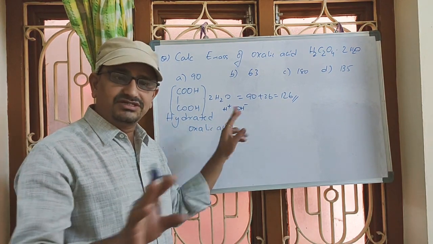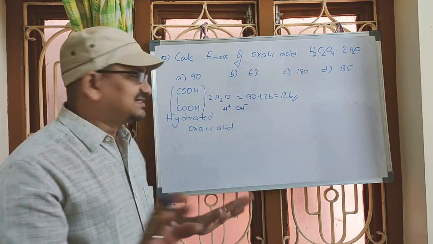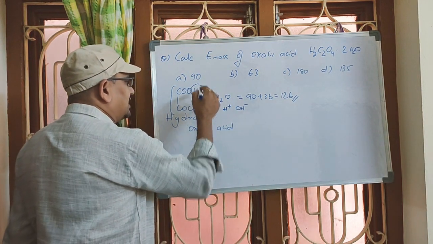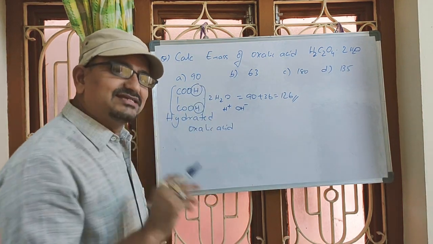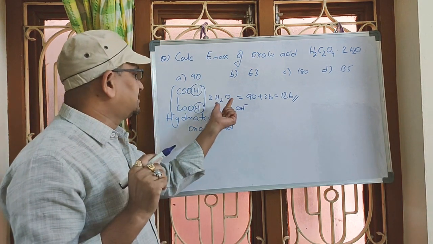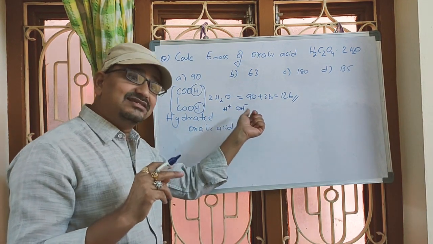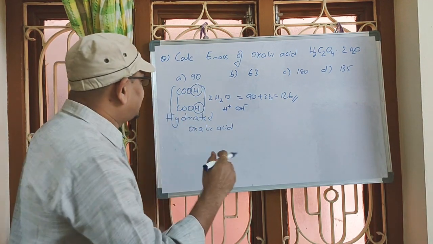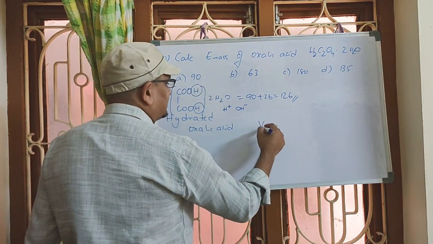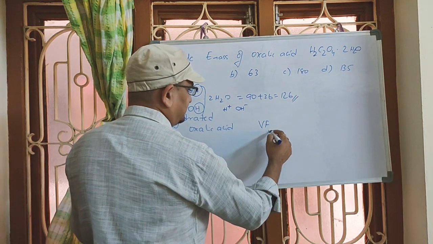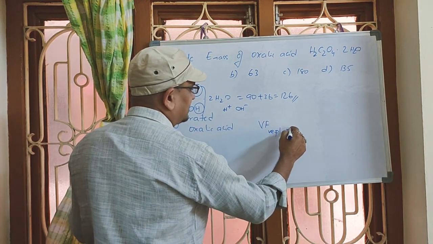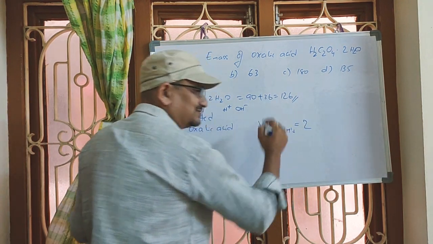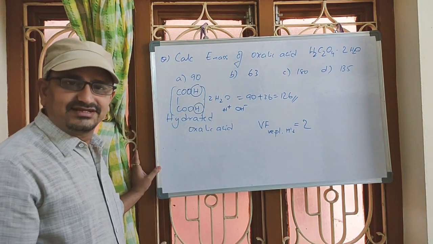Only these two hydrogens are to be treated as replaceable hydrogens, because water generates H plus as well as OH minus. The nature is nullified. Understood? That's why the valency factor, the replaceable hydrogens, are still 2. Is that clear?